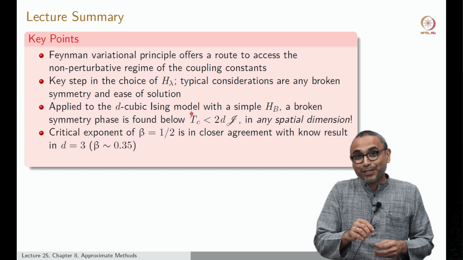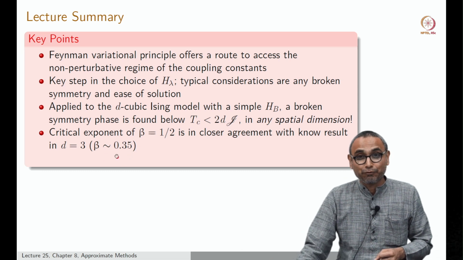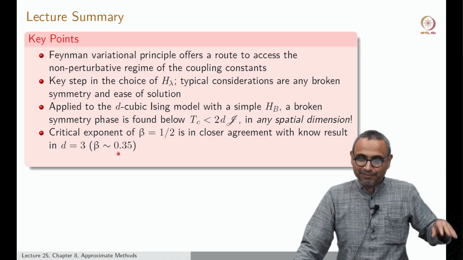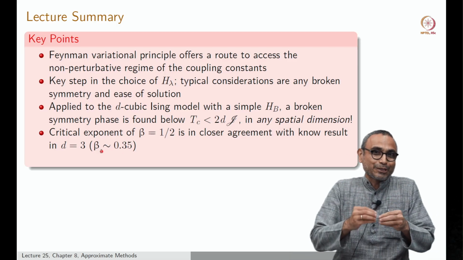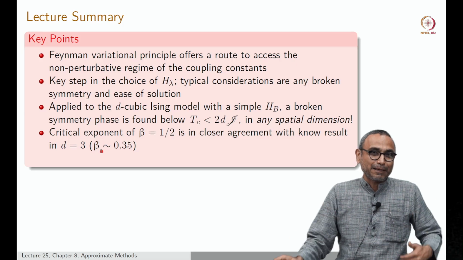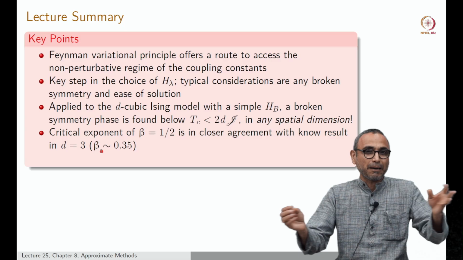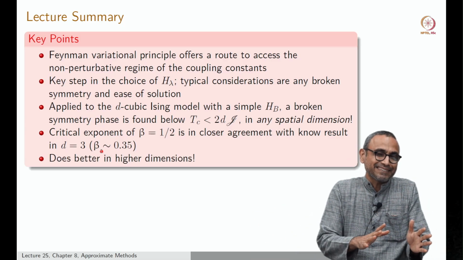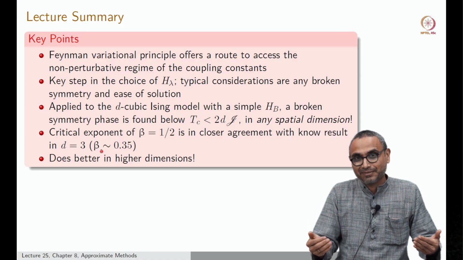Now, you see that when you go to higher dimensions, we know beta is 0.35 or so in 3 dimensions, from a variety of sources, both experiment and Monte Carlo, etc. So you can see that as you go to higher dimensions, these kinds of variational principles are getting better. Some decoupled variational principles are not good in low dimensions. So, the message is that they are getting better in higher dimensions.